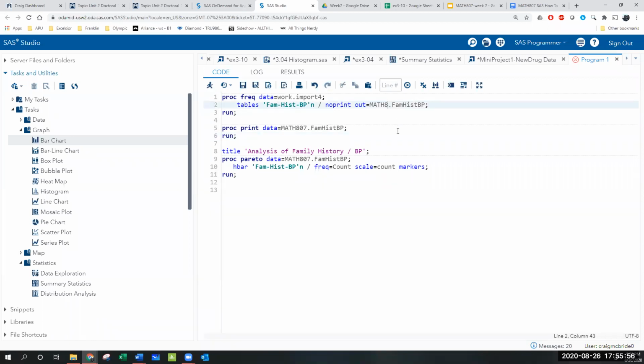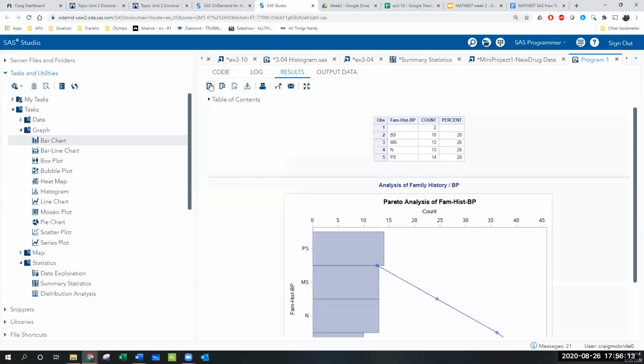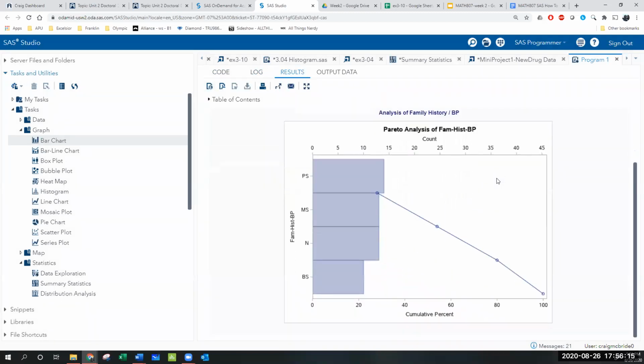So just change that to work. Work. Yep. And that's work. Okay, and then that's this work. It should be work. All right, let's try it again. Looks good.